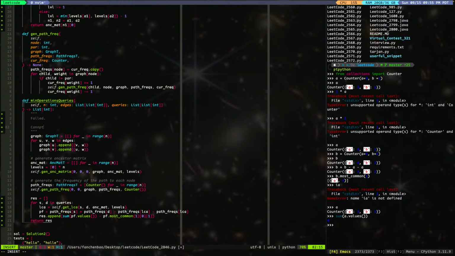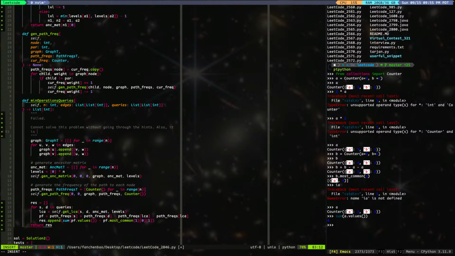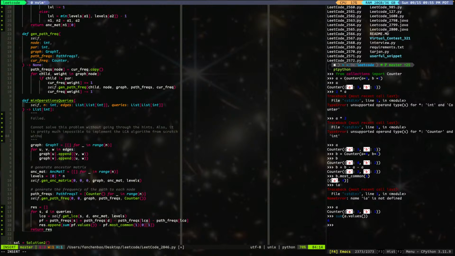Cannot solve this problem without going through the hints. Also, it is pretty much impossible to implement the LCA algorithm from scratch without any help.